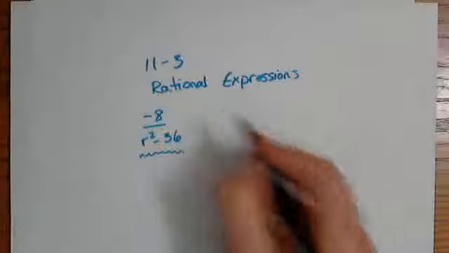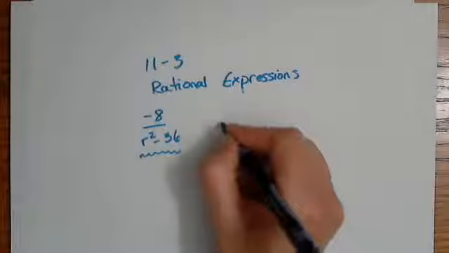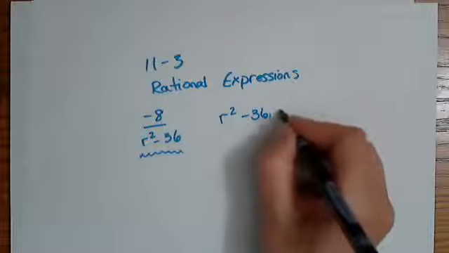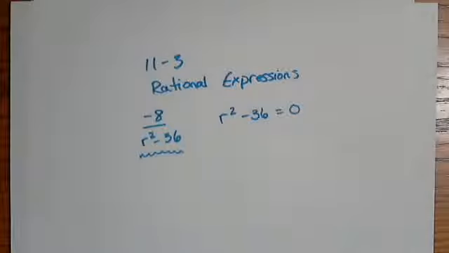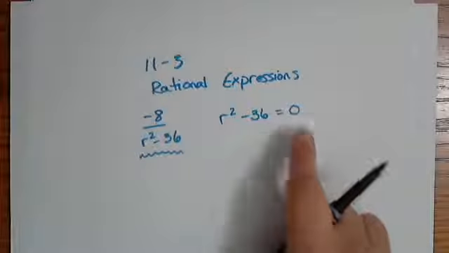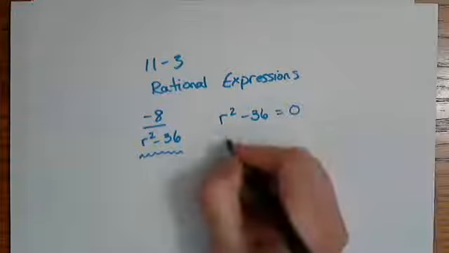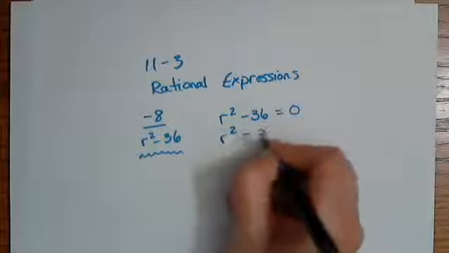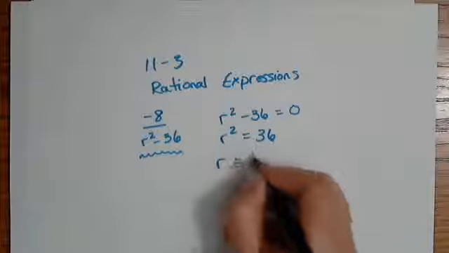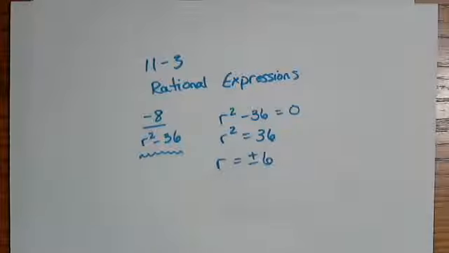So the easiest way to find our excluded values is to set r squared minus 36 equal to 0. When we find what r is when all of this is true, that's going to give us our excluded values. So the easiest thing to do is say r squared equals 36. Take the square root of both sides.